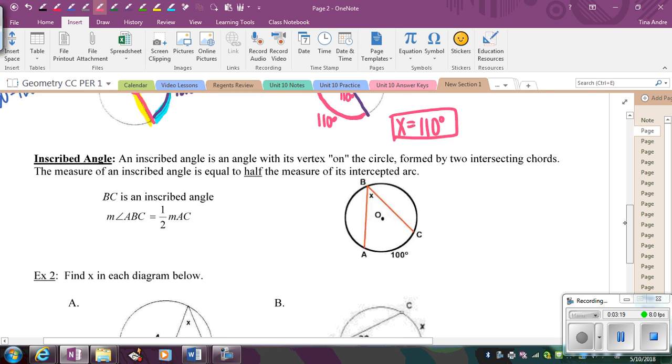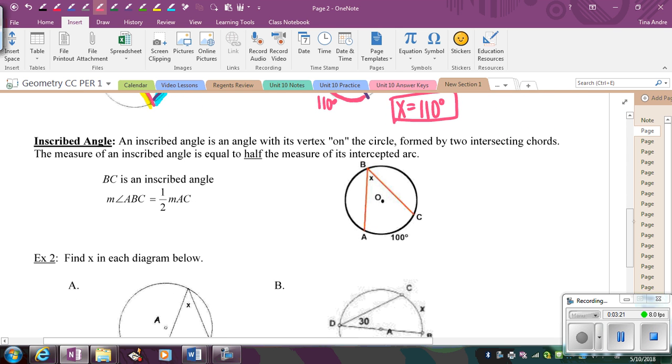The next type of angle that you need to know about is called an inscribed angle. You've heard of inscribed polygons, you've heard of inscribed triangles. Inscribed means that the vertices of the polygon or the triangle are on the circle. So when we talk about an inscribed angle, it means that the vertex is on the circle.